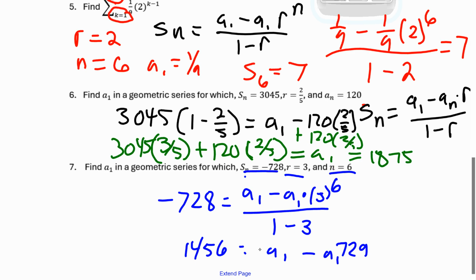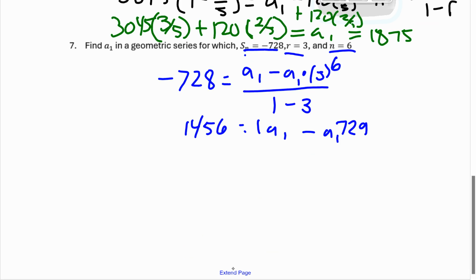So this is really 1 A sub 1 minus 729 A sub 1s. So really, this is just negative 728 times A sub 1. Because really, this is just like 1x minus 3x or something like that, right? So we can just divide it. We can see what it's going to be.